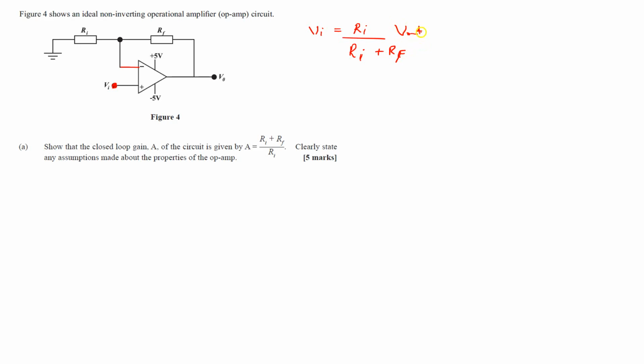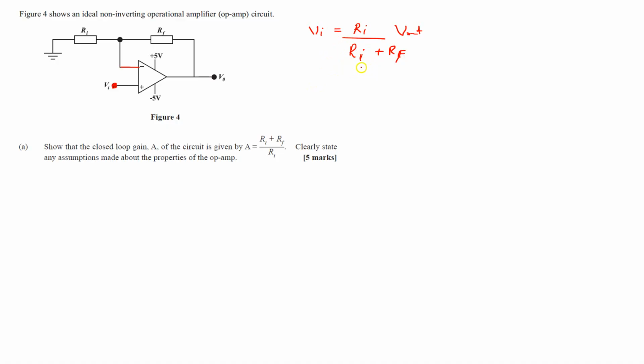So the assumption that we have made here is that the voltage at the non-inverting terminal, V in, is the same voltage that is at the inverting terminal. That's the assumption.